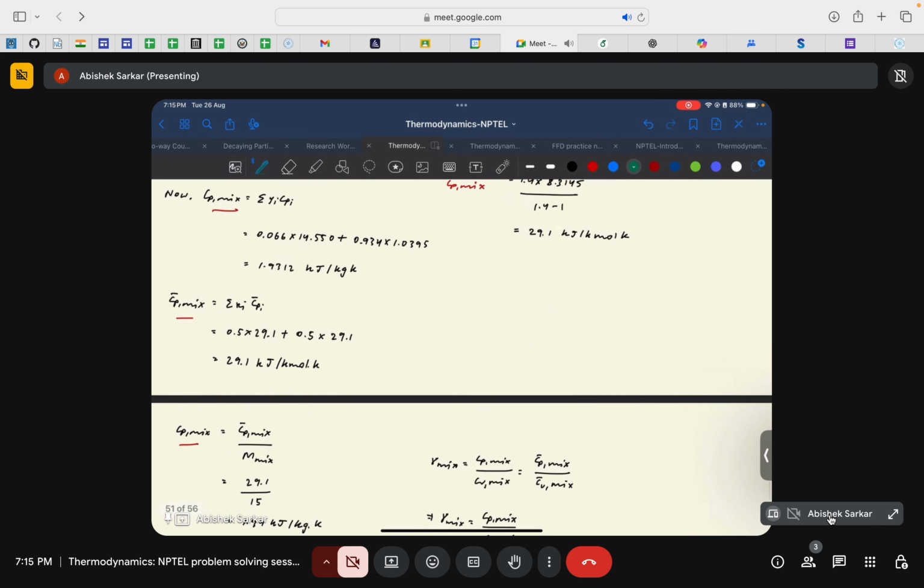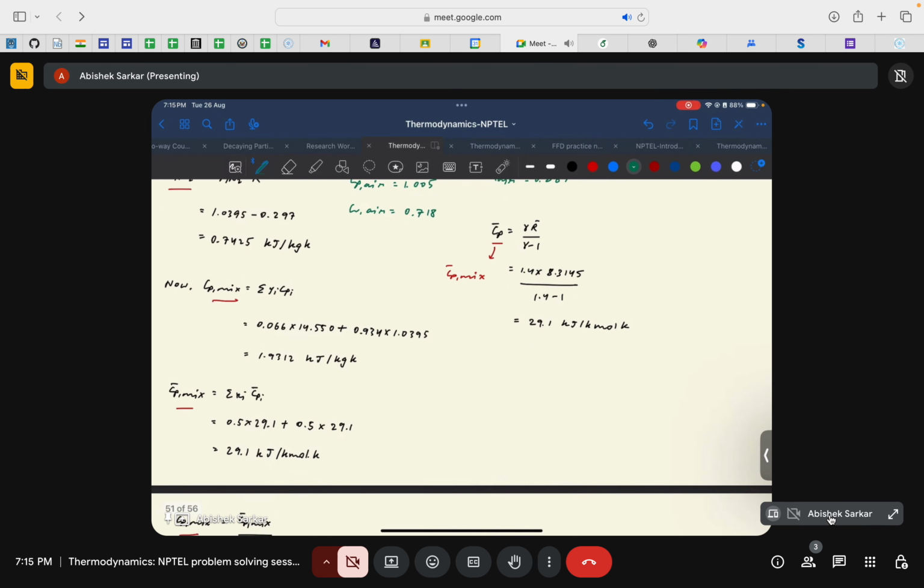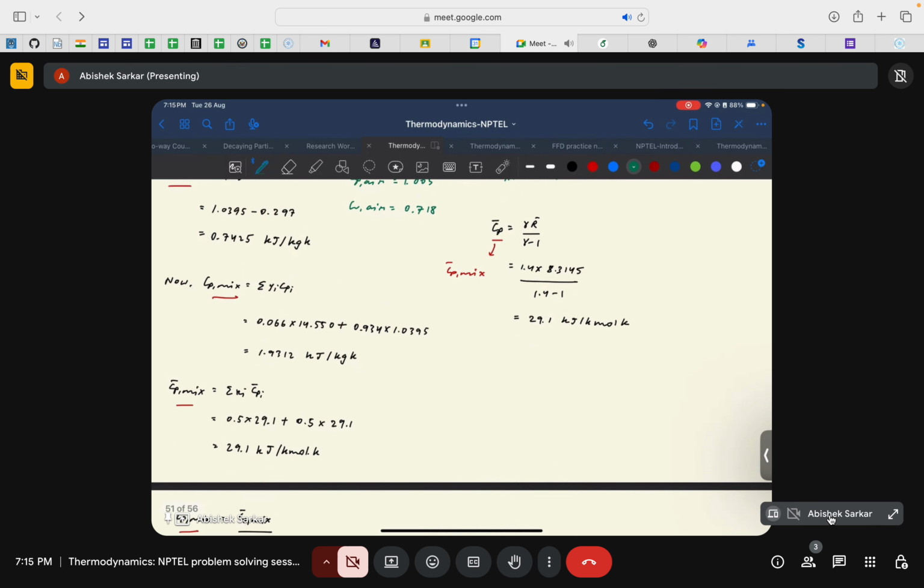Similarly, Cp bar mix would be the summation of xi Cpi bar, so it is 0.5 times 29.1 plus 0.5 times 29.1. I'm sorry, and then Cp bar mix can be found out as 29.1 kilojoule per kilomole Kelvin.